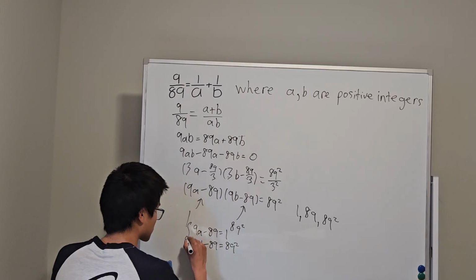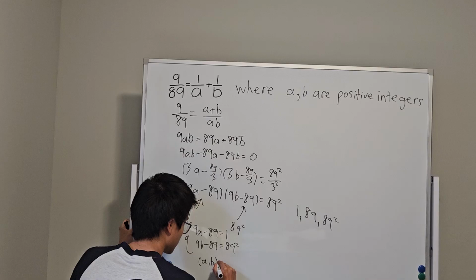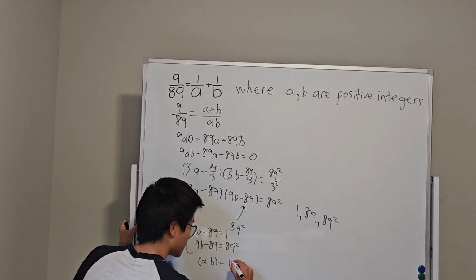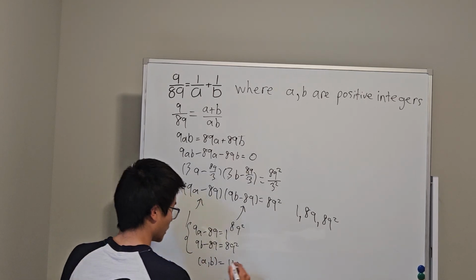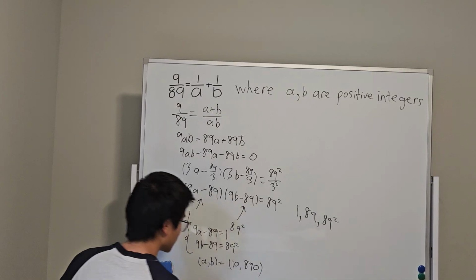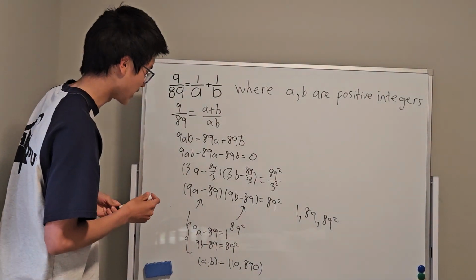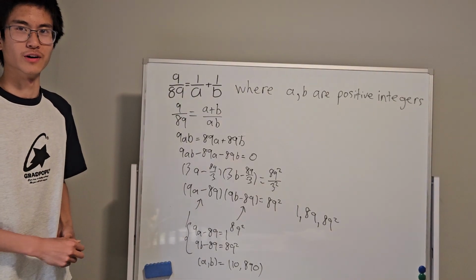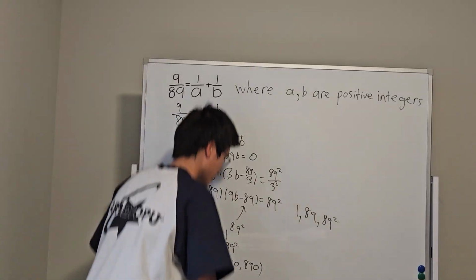So we have these two equations down here, and solving this gives us a equals 10, and b right here would equal, I believe, 890. Yeah, 890. And if the problem asks you to find all ordered pairs, you can definitely switch a and b around. So the complete solution will be this.